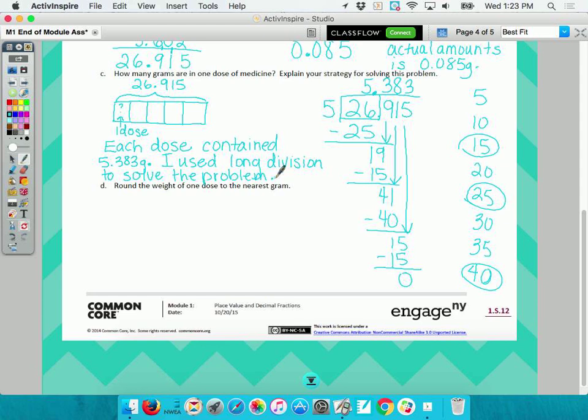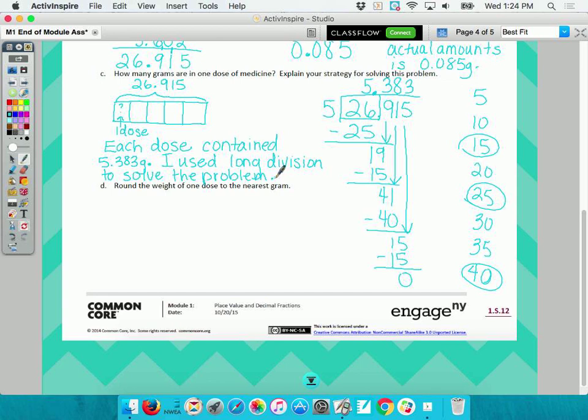Now, algorithm, it's got to be on your paper somewhere. If it's not, just do your best, okay? Now here's the question. Somebody in block 3 said, well, I'm just going to write one sentence, and it's going to say, I used long division to find out that each dose contained 5 and 383 thousandths grams. Is that okay? Yeah, you can combine your sentences.